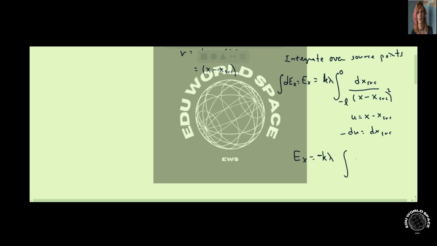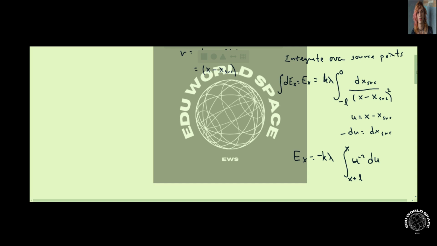Usually they like the du holding the function in. And I've included the negative sign. So that's u to the minus 2 du. What is the lower limit? It is x minus L, x plus L, sorry. And the upper limit is just x.